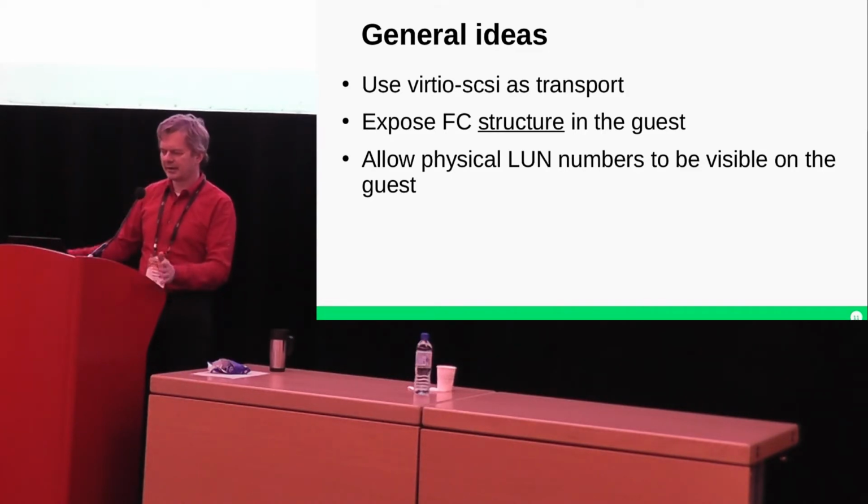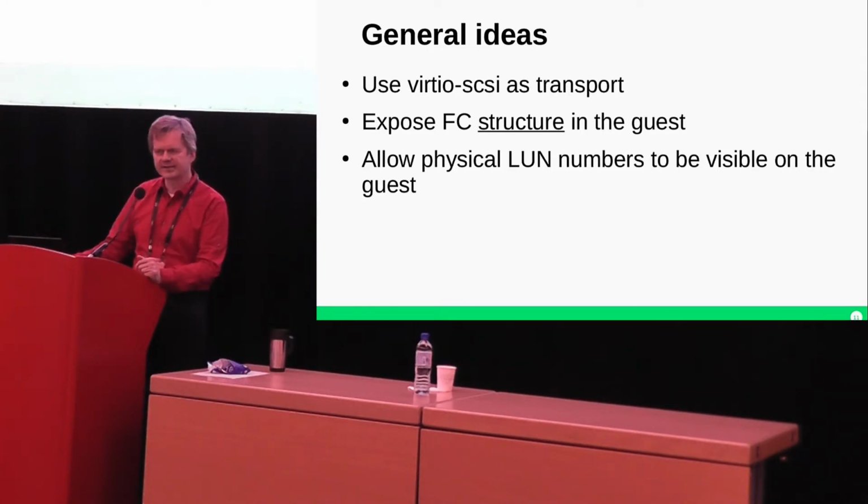But to tell the guests that we are running on Fibre-channel, we actually might want to expose the Fibre-channel structure to the guest, so that the guest sees, I'm actually now on Fibre-channel, and this is my port number, because the guest might be needing it. And we might want to actually see the physical LUN numbers on the guest too.